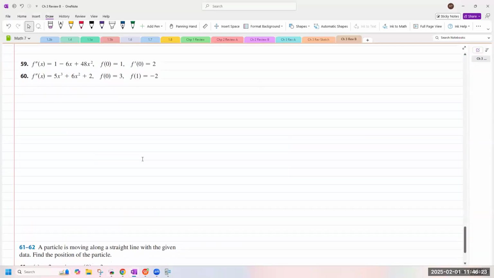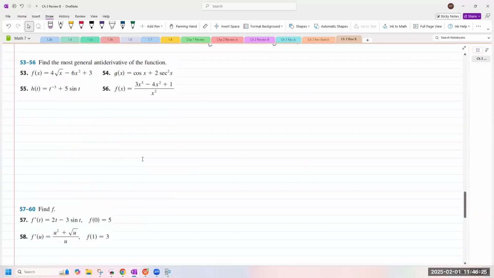The rest, I hope you find it to be Mickey Mouse, but let's just do it fast then. So number 53, find the most general antiderivative. Number 53, f(x) is, let me rewrite that into rational exponents right away.